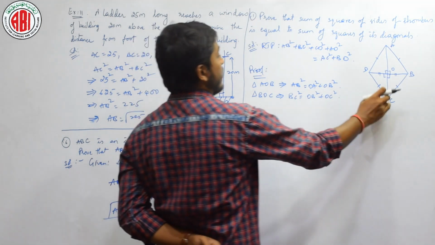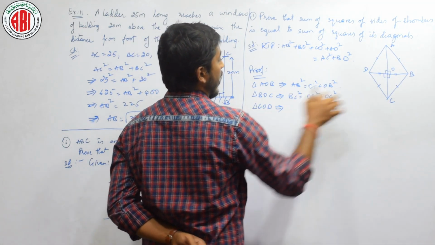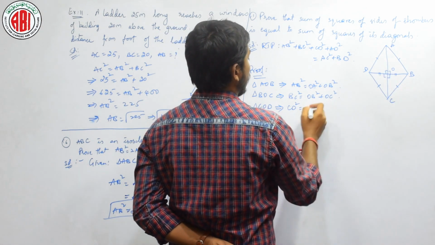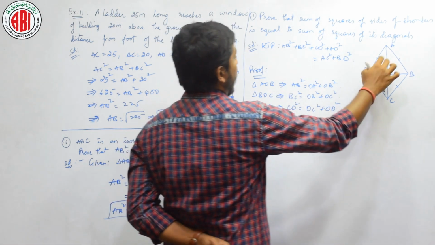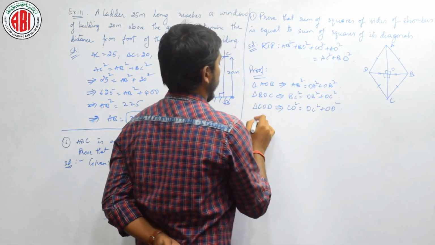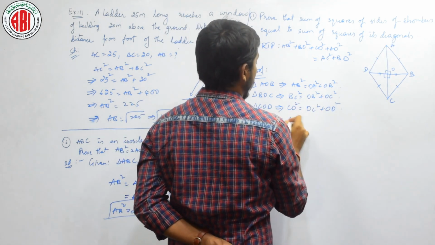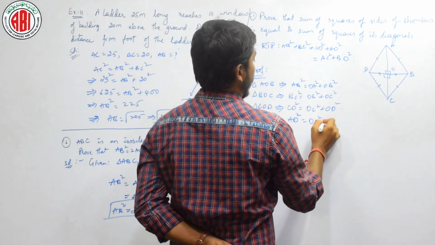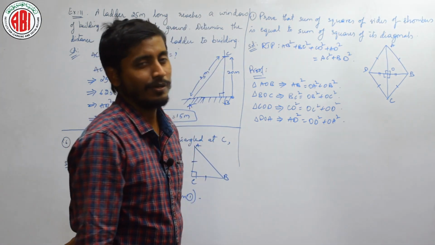And one more triangle is COD. From triangle COD, hypotenuse is CD square is equal to OC square plus OD square, isn't it? Next, one more triangle is DOA. Triangle DOA, hypotenuse is AD square is equal to OD square plus OA square. Is it right? Hope you understood till here.